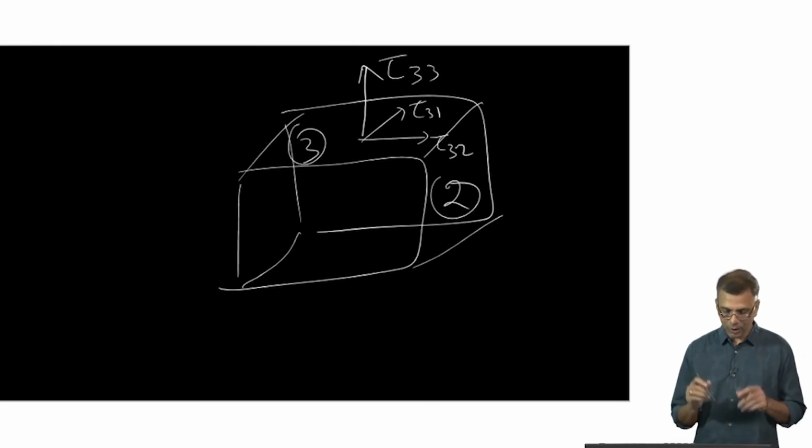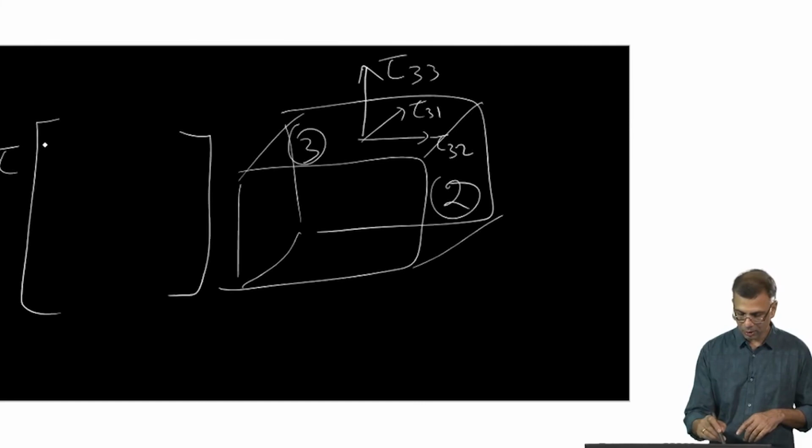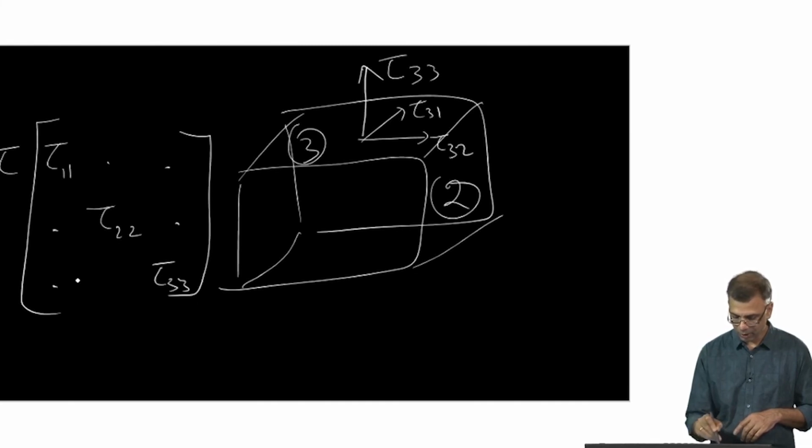So the point is, it's useful to think of the stress as a matrix with the elements tau 1, tau 2, tau 3, and then other off-diagonal elements like this.